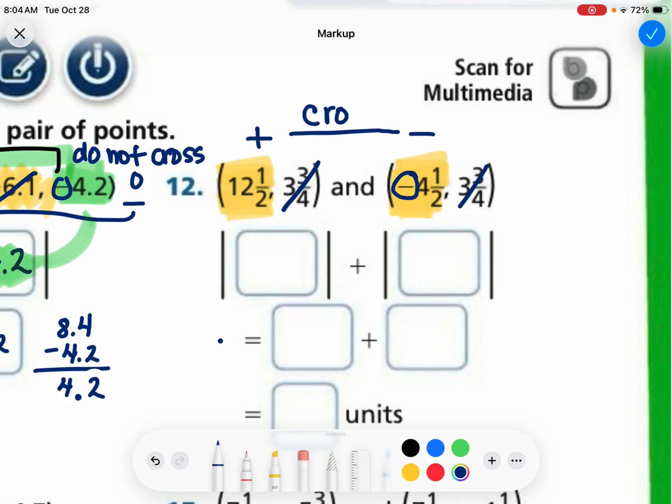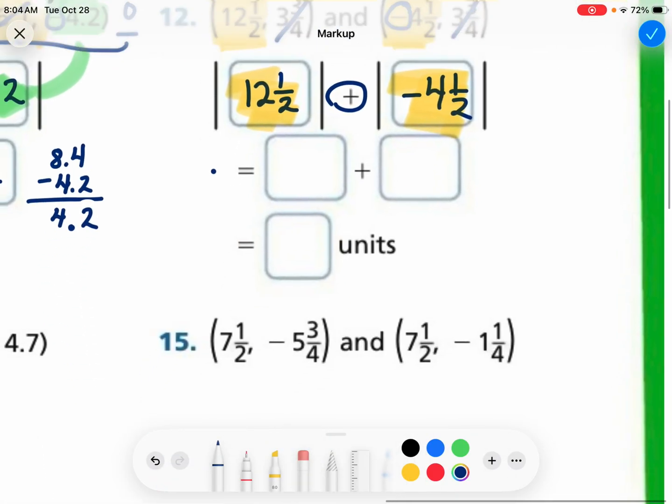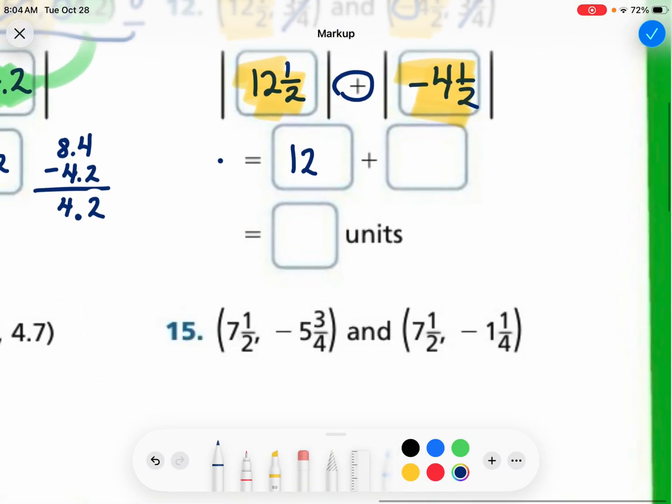So if I cross 0, I said I have to add. And I showed you why we have to add. So the absolute value of 12.5 and the absolute value of negative 4.5. Again, those are my yellow values, right? The absolute value of 12.5 is 12.5. The absolute value of 4.5 is 4.5.